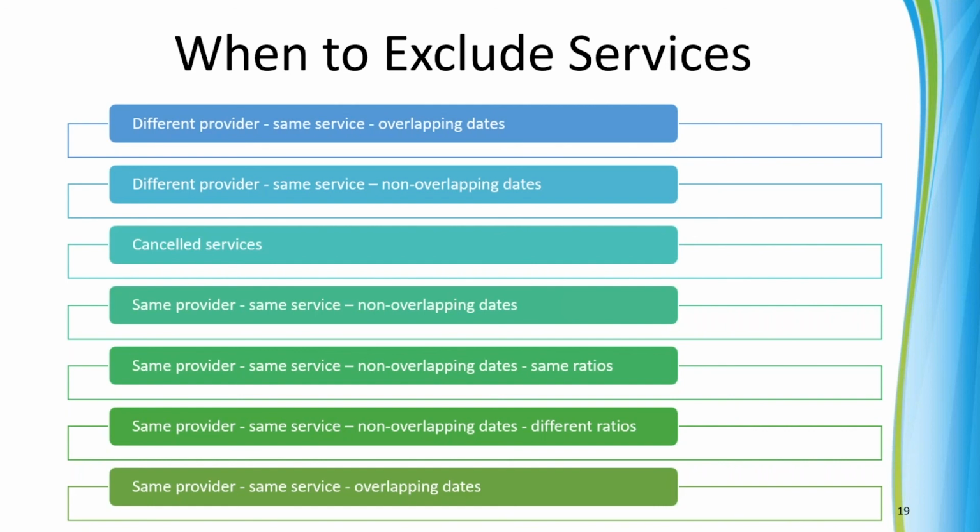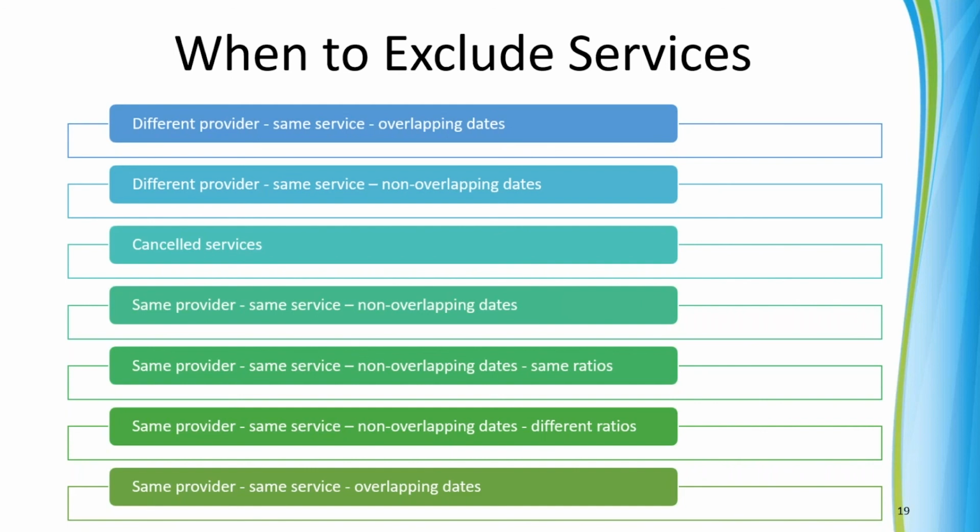So same provider, same service, non-overlapping dates is similar to what we just talked about. You would just combine the units onto the one SAN service. Same provider, non-overlapping dates, same ratios, same thing.